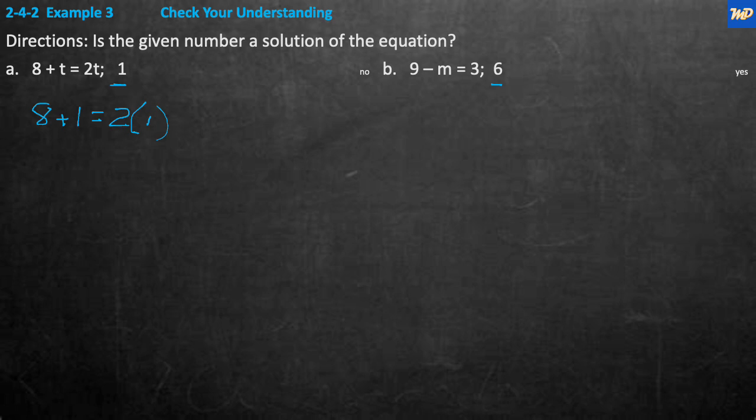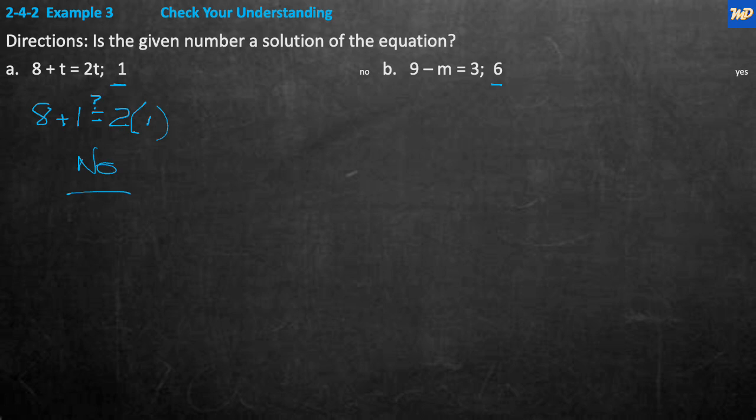That's what that's saying to us, because we replaced t with a 1 in both cases. Is 8 plus 1 equal to 2 times 1? I put a little question mark right here, and the answer is no. N-O. 9 is not equal to 2.